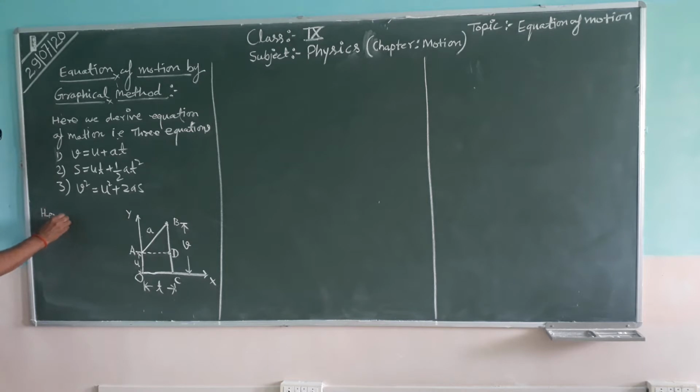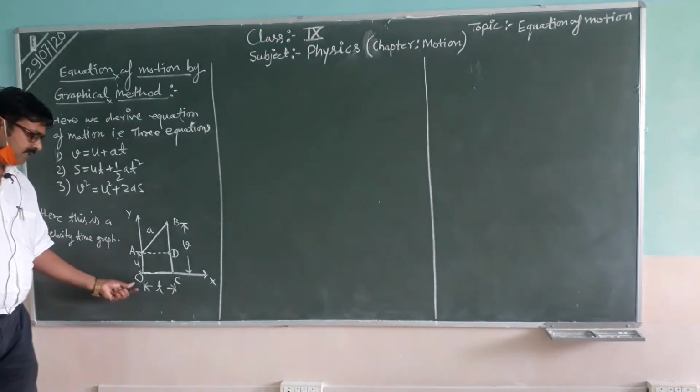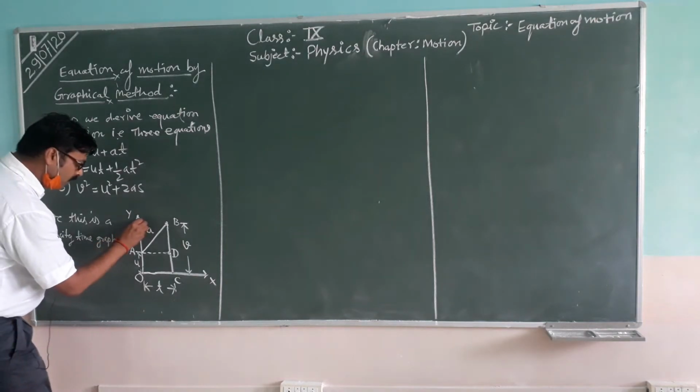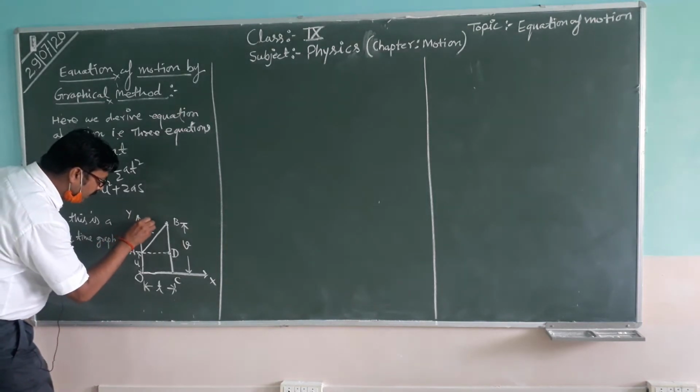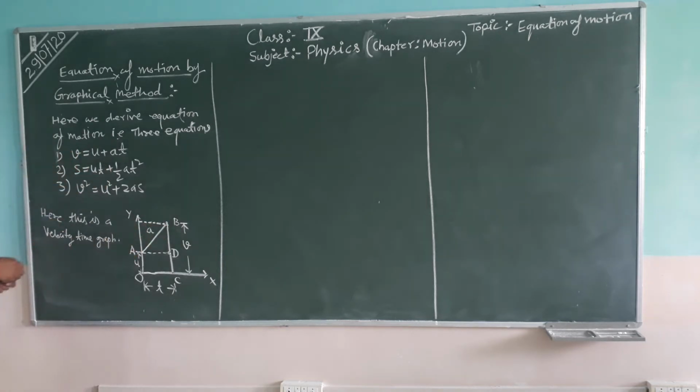Here this is a velocity time graph. On the x-axis is time, and on the y-axis is velocity, u and v, different velocities. Here is another line parallel to it.